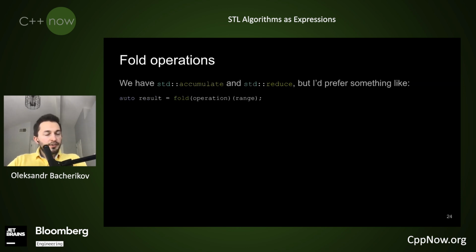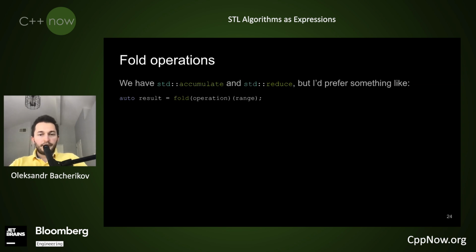Now, in order to unlock the potential of expressions even further, it's useful to have fold operations. In the standard, we already have std accumulate and std reduce. And with a bit of luck, we could have ranges accumulate, but unfortunately, it wasn't included in C++20.